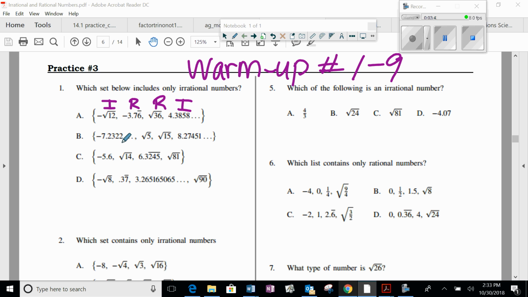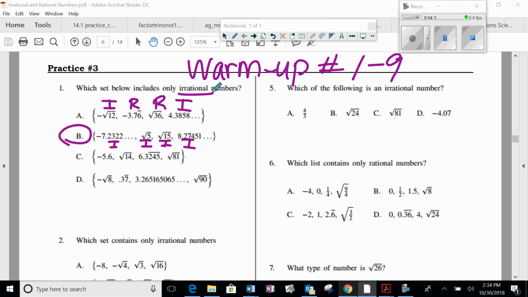But this is going to be, and then let's look at the square root of 5. Is that a perfect square? No, so it's irrational. What about the square root of 15? Is that a perfect square? No. So that's irrational. And 8. So that was irrational. 8.27451, and so on. Irrational. So we can automatically say B is going to be our answer because they were all irrational.